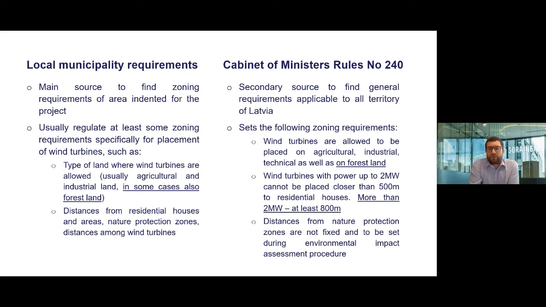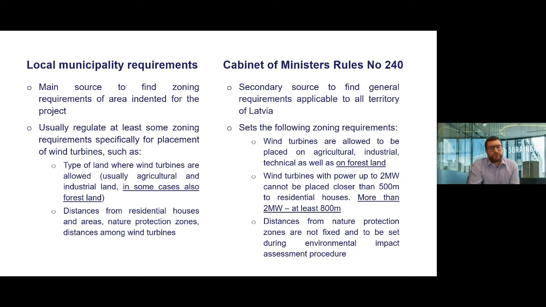However, according to local rules, sometimes they are basically silent whether forest land is or is not the place where the municipality is allowed to construct wind turbines.